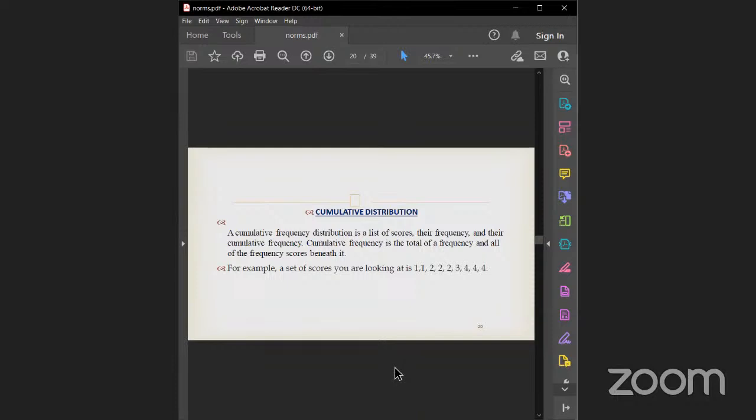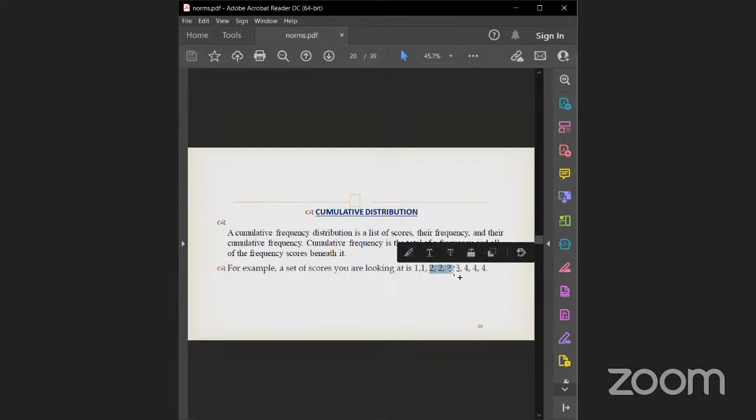So when you look at this particular example here, you can clearly see that there's a repetition of these numbers, right? So when I say from 0.5 to 1.5 is a class interval, we have the frequency 2, and 1.5 to 2.5, we have the frequency 3. So when I'm saying cumulative distribution, we're going to look into it as 2 plus 3.